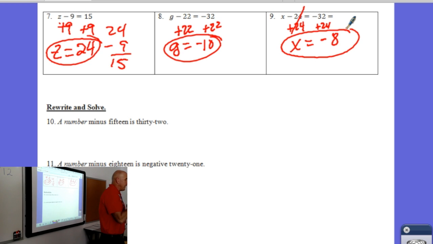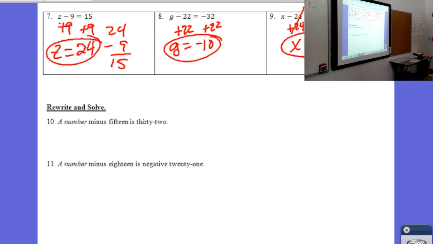Exact same thing as yesterday, but instead of subtracting, we are adding on both sides. Now, let's do our word problems. Remember, key phrase, a number. And when we see that, what do we know? X or some variable, correct. So, X, and then what?